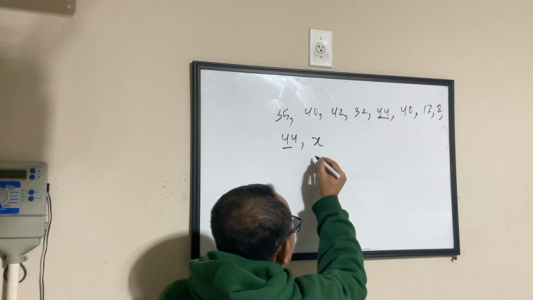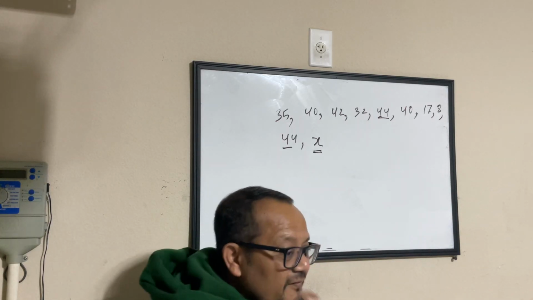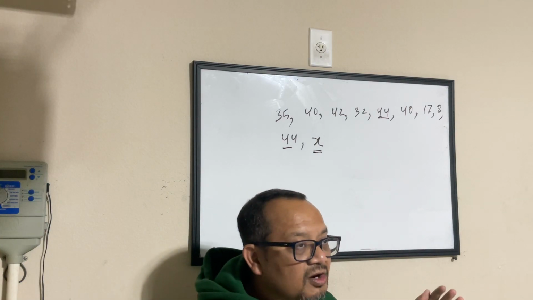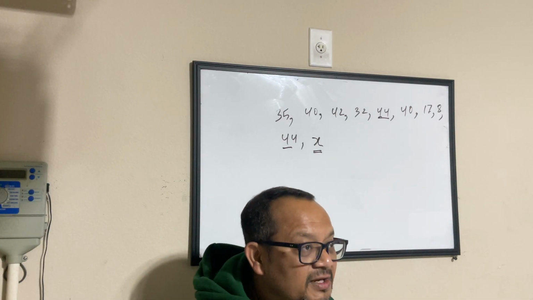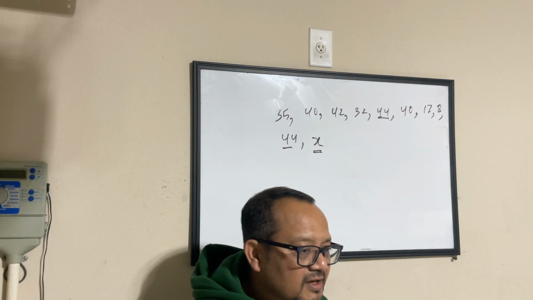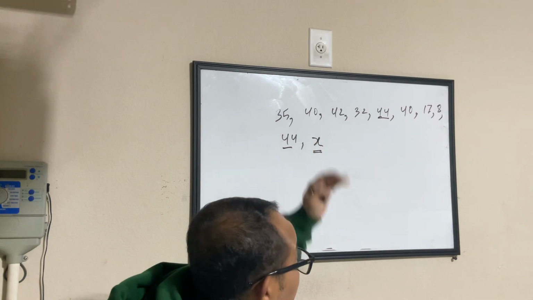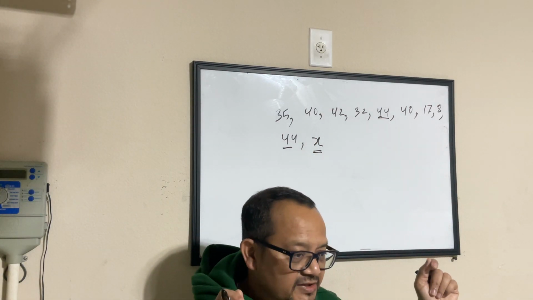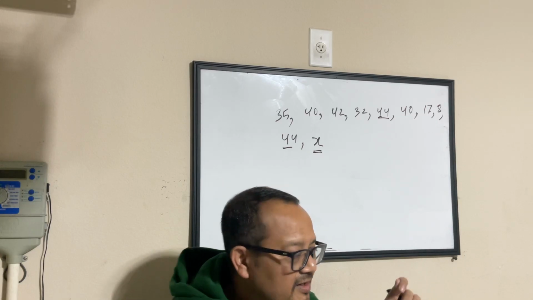Find out the value of X, the 10th kid, which could increase the range by 5. Now, first thing is, if you have a set of records, what is the range? Smallest value and the maximum value difference, correct?